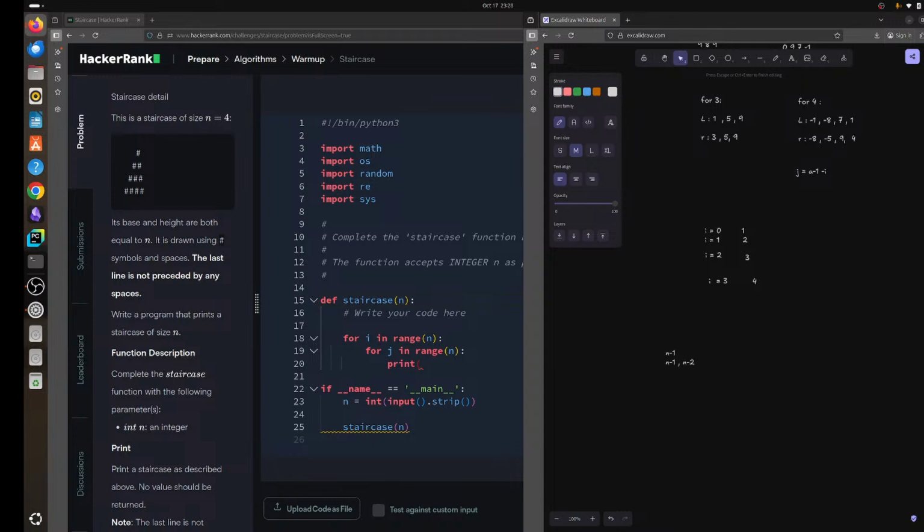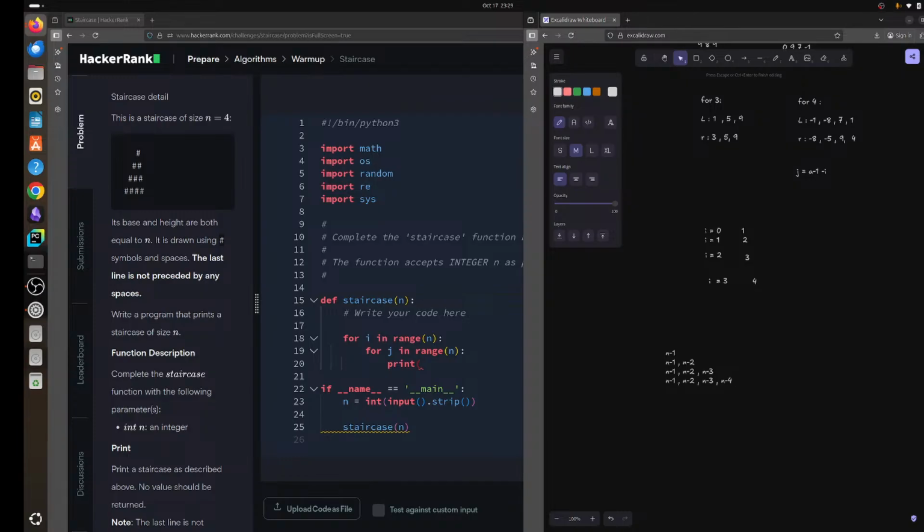Then it will print n minus 1, n minus 2, n minus 3 places. Then it will print n minus 1, n minus 2, n minus 3, n minus 4. Like this it will print, right? Like an inverted manner.